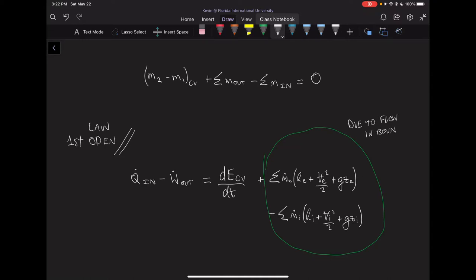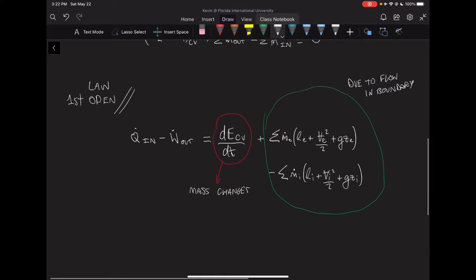The first term here is due to the mass change, because the mass changes inside the system with time.